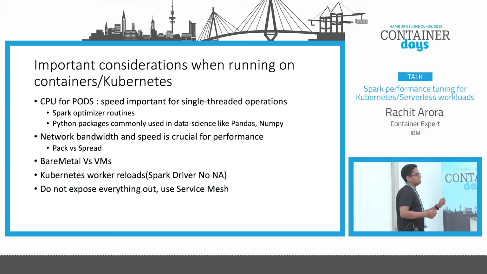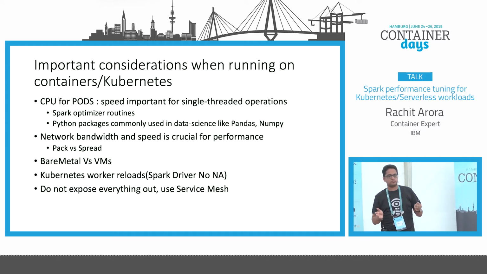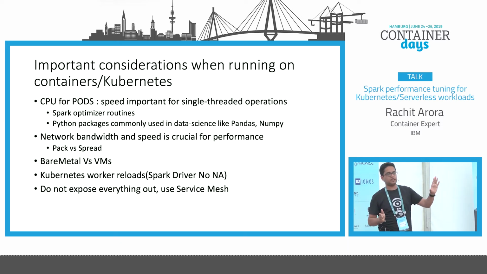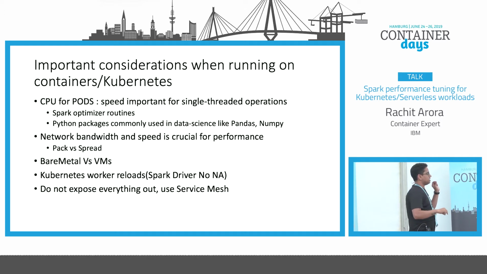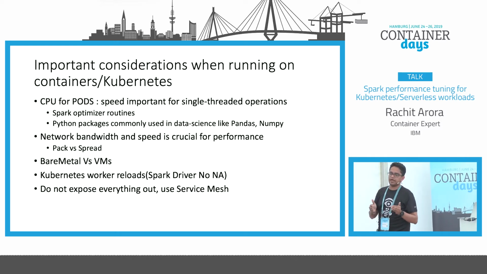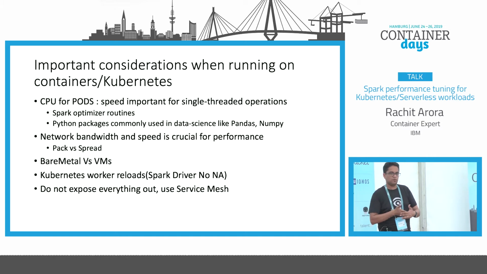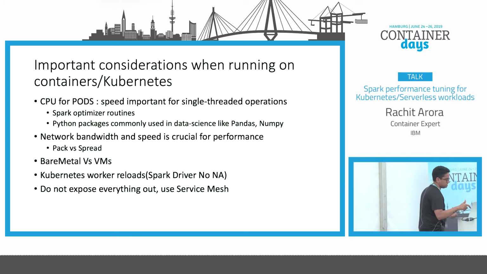There is a process called the Spark Optimizer, which kicks in at the start of each job and lays down the architecture of your entire job. But it's a single-threaded process. So if you are not giving a good amount of CPU, you will feel that there is a lag in your job. You need to give more CPU to your drivers for this reason.